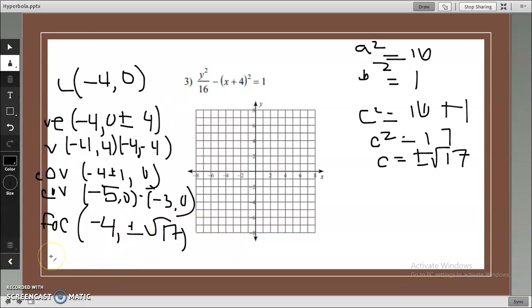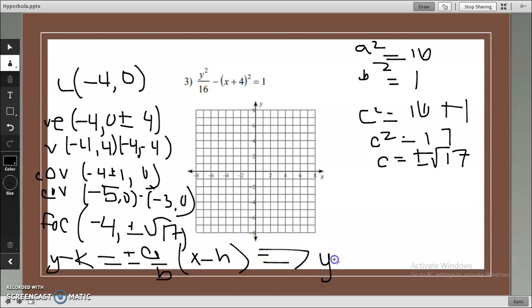All right. So now the asymptote equation is going to be y minus k equals plus or minus a over b times x minus h. So let's plug in what we have. So that's y. What is my k value?